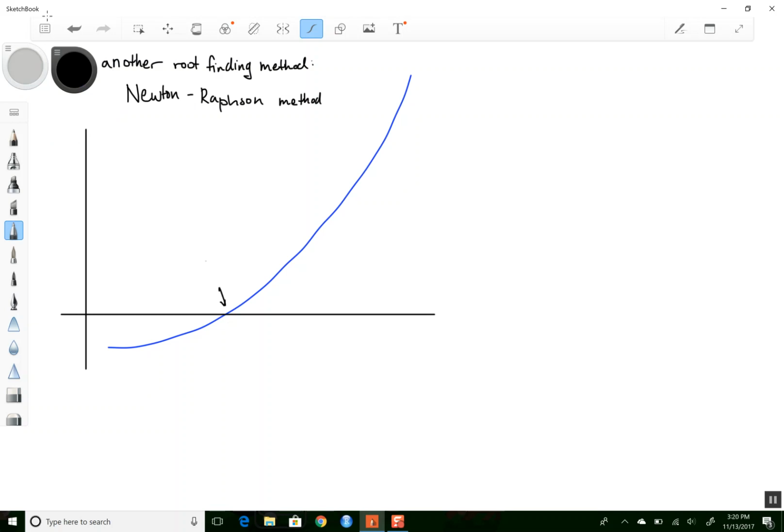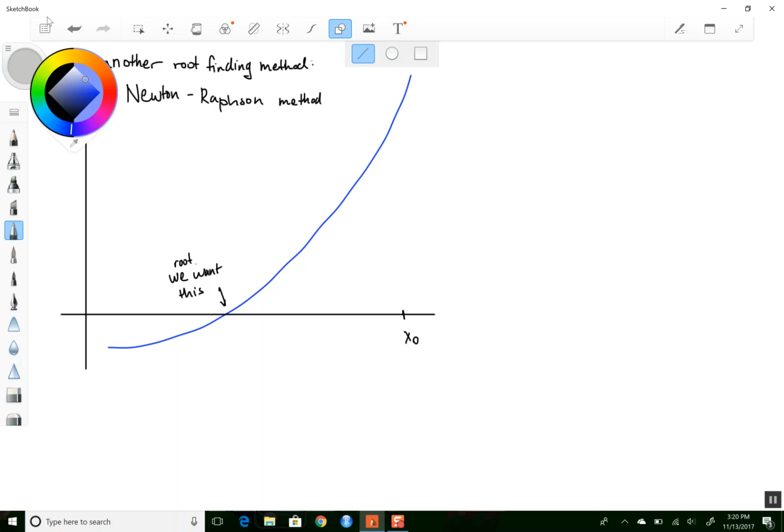This is our root. We want this. Okay, and then we just start off with some point. This will be our x0. Okay, and we go up to the line right here, okay?